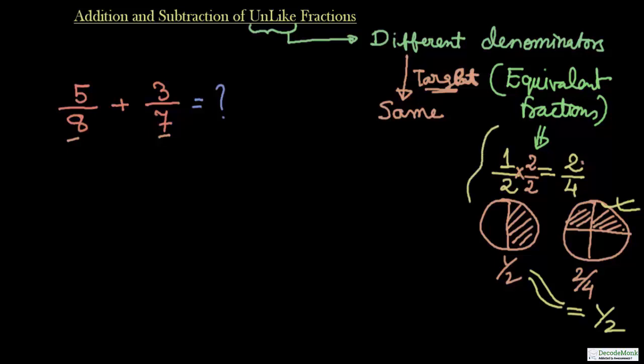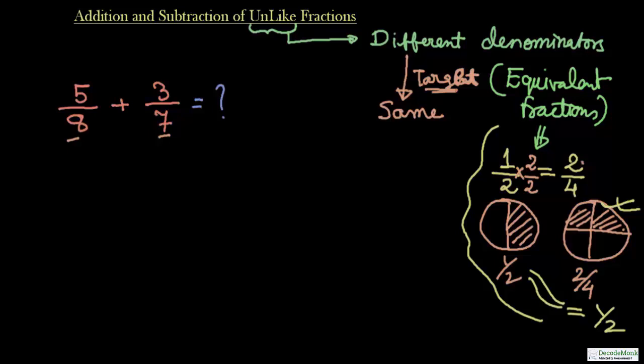So this thing we have already studied earlier. Now again, if we multiply the numerator and denominator by the same number, we can arrive at the equivalent fractions. So having said that, our target over here is to convert fractions to equivalent fractions so that the numbers to be added or subtracted have got same denominators.